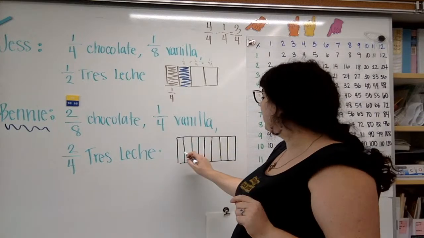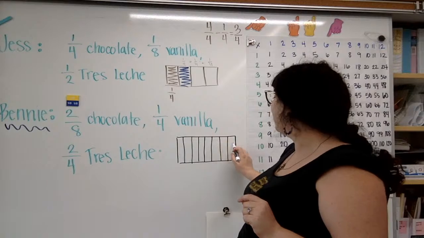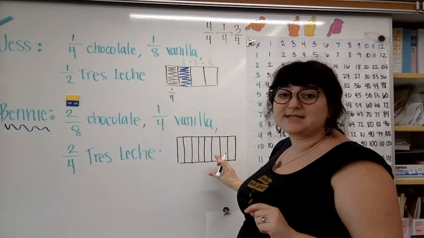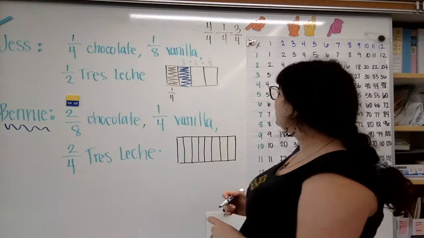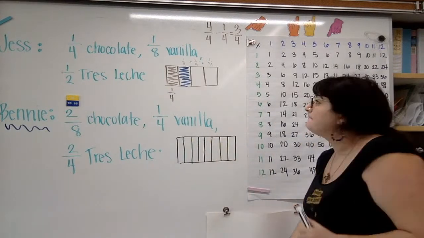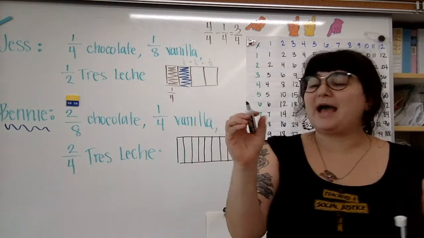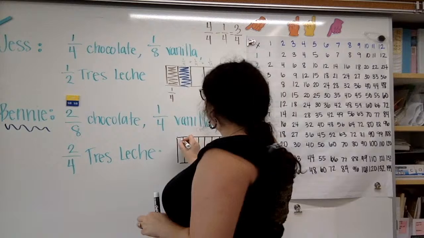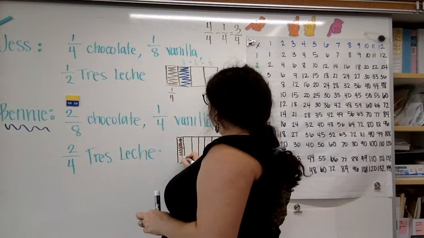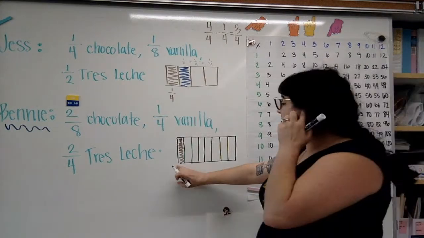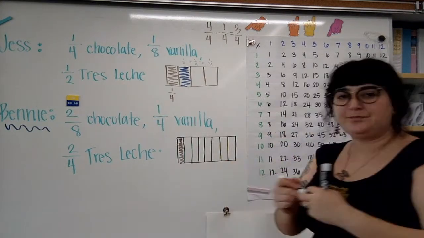Let's double check. 1, 2, 3, 4, 5, 6, 7, 8. That matches my denominator, telling me how many parts are separated. Now, we know that Jess has eaten 1/8. So I'm going to represent what Jess ate with her brown marker again. All right. So that is just a small piece.